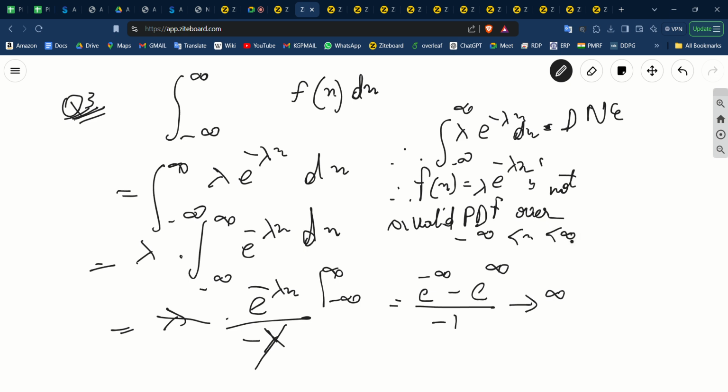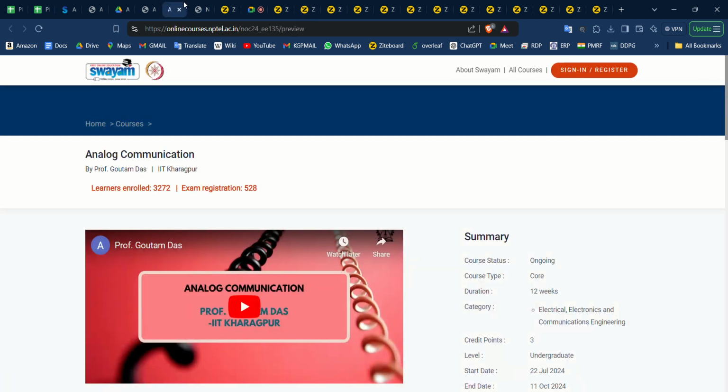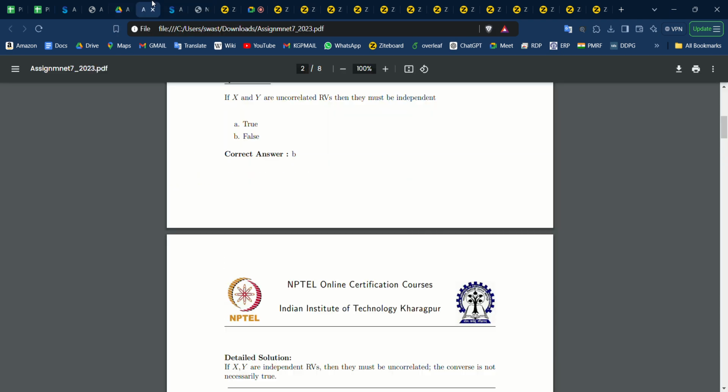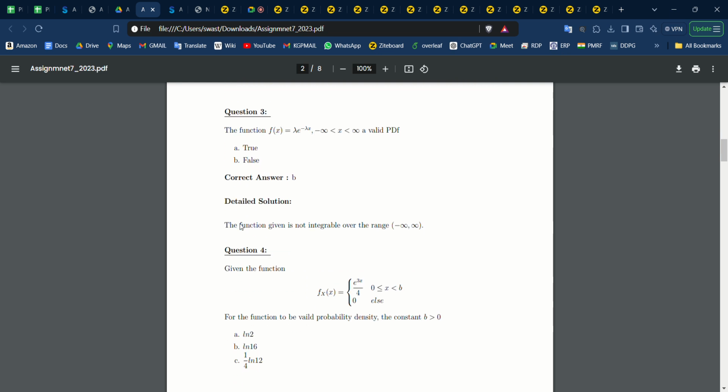But you can try it out yourself at home. If the range was given as 0 to infinity rather than minus infinity to infinity, the same exponential distribution would have been a valid PDF. So that is a lesson: a PDF's validity also depends on the domain, not just on the function.